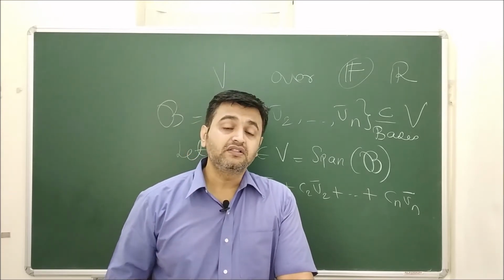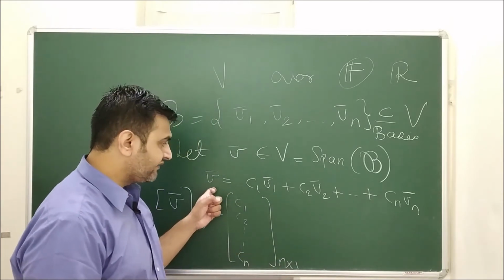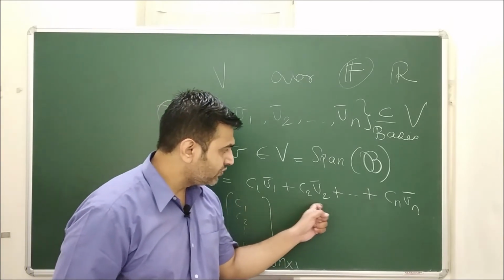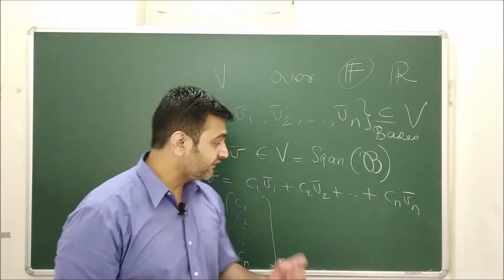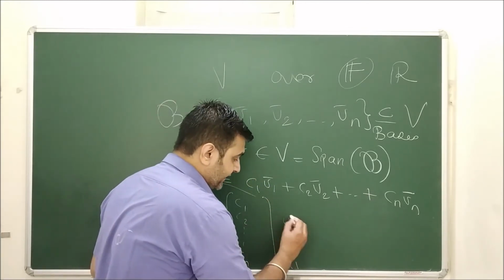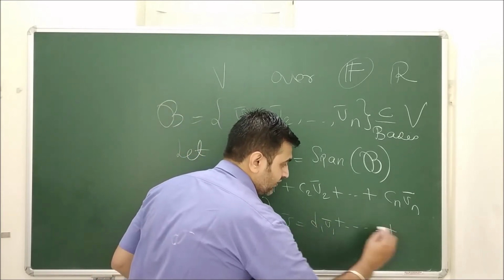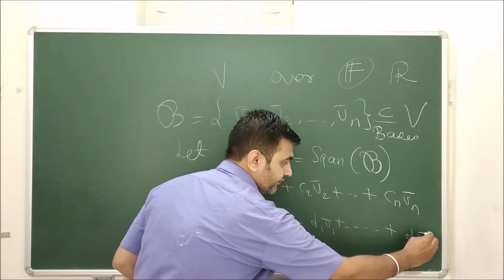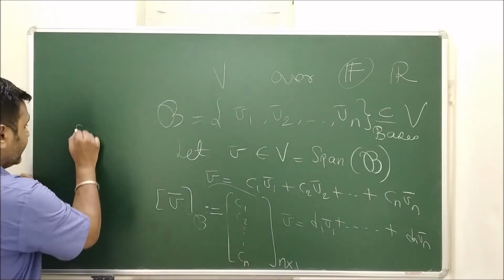Now one can ask, does this make sense? That means I am writing v as c1 v1 plus c2 v2 plus up to cn vn. On the other hand, suppose you are writing the same vector v as d1 v1 plus up to dn vn. In that case, what will your coordinate vector be?